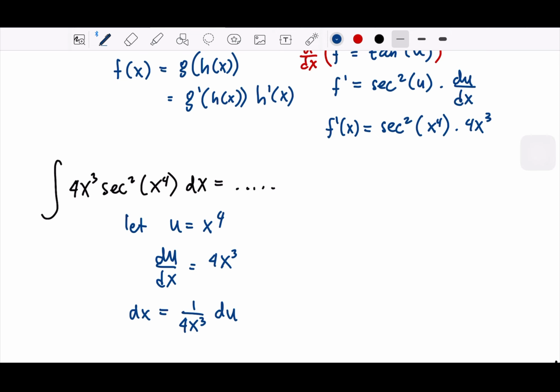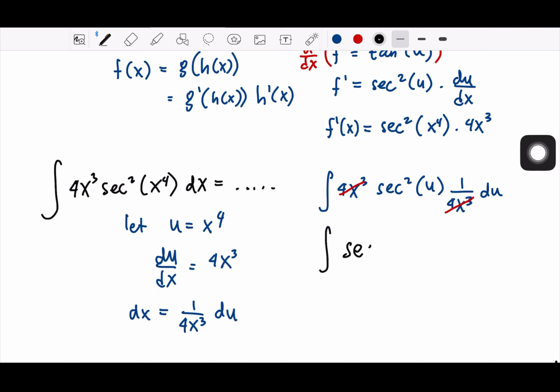The 4x cubed will be cancelled with this, and all the integral becomes in u. So we change x to u. Let me write completely: secant squared becomes u, and dx becomes 1 over 4x cubed du, so this will be cancelling. Now we have the integral of secant squared u du.